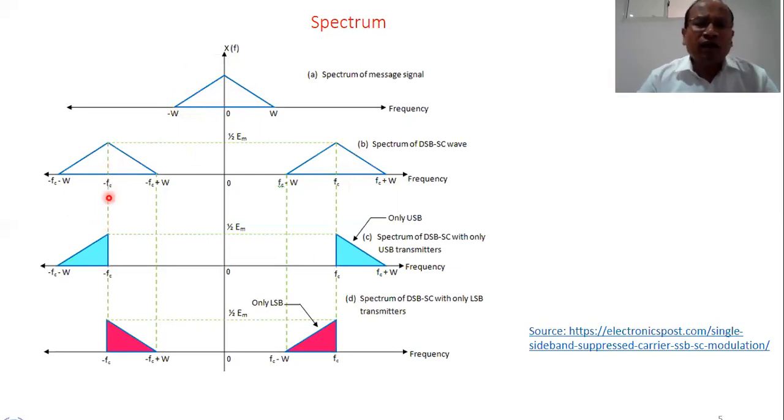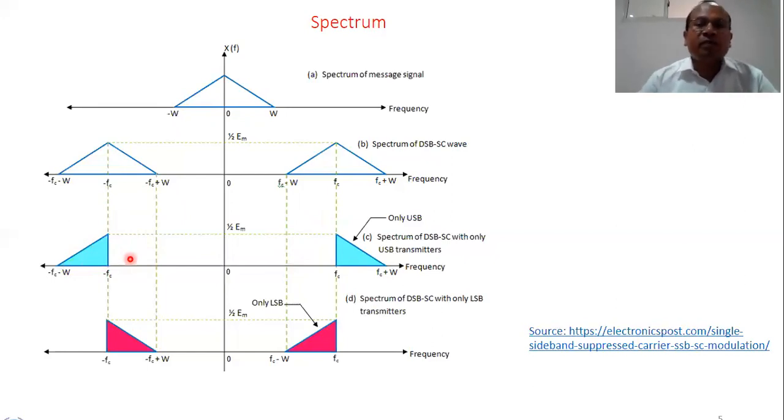So when we transmit only the upper sideband, let us concentrate here only. What will happen? This particular part will be transmitted, and the lower part will not be transmitted. In the negative side, the upper sideband, which is beyond the carrier frequency, is retained, and the lower sideband, which is below the carrier frequency, is eliminated, is suppressed.